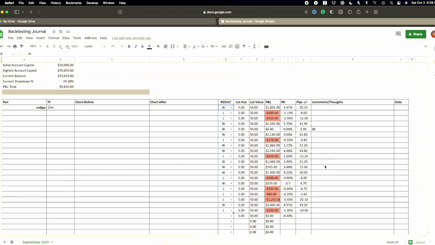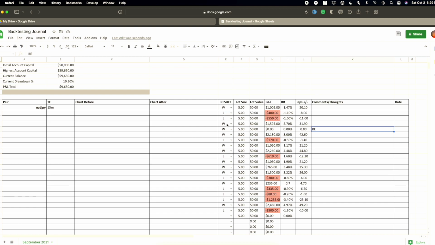So out of 20 trades, we made a plus 19.30% in RR return, almost 10K in profit. We had 1 BE. How many wins?